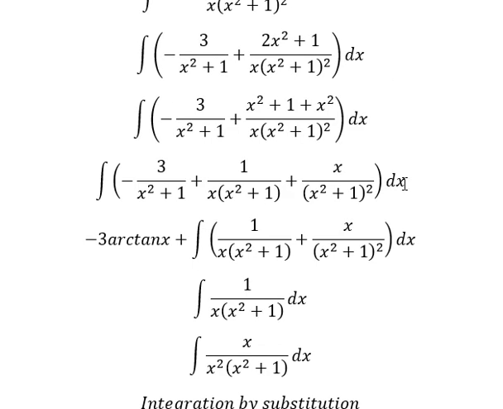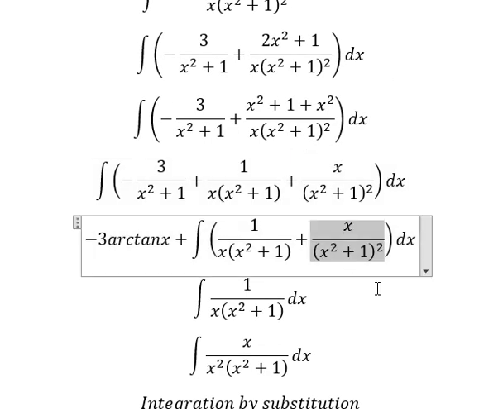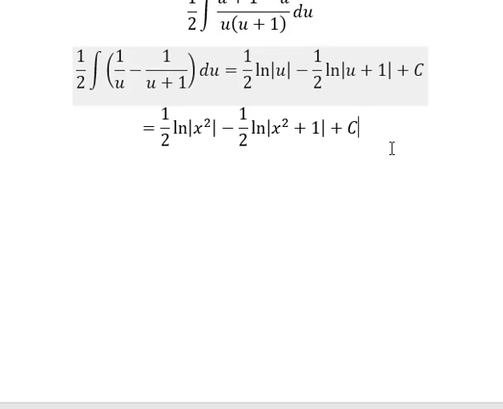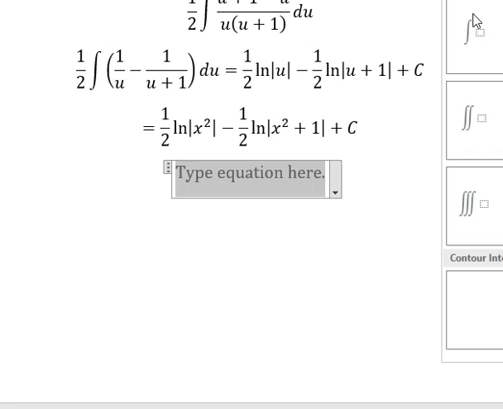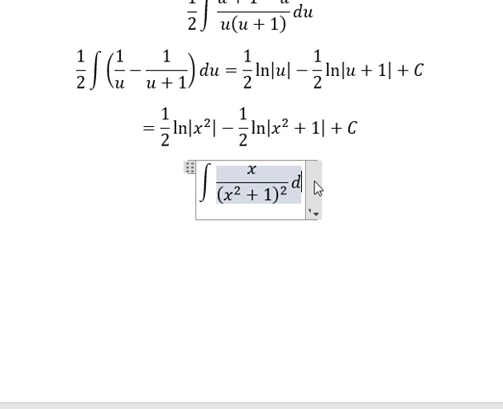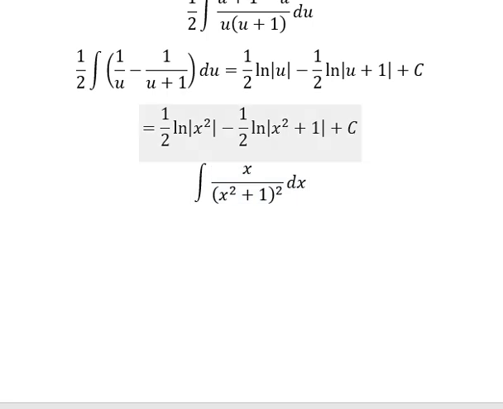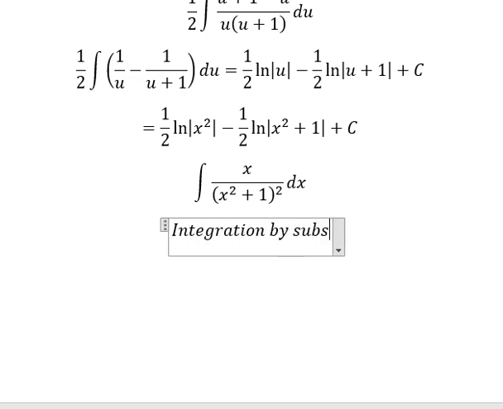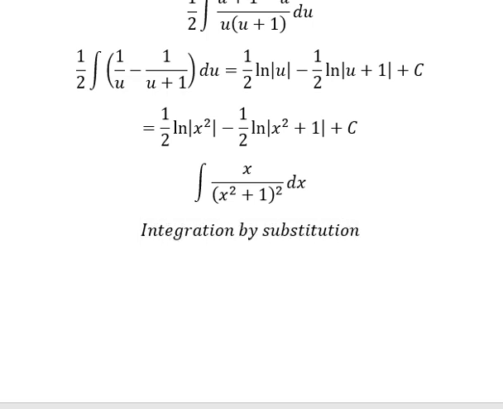Now we need to go back in here. So we need to use integration by substitution. So I will put u equals s squared plus 1.